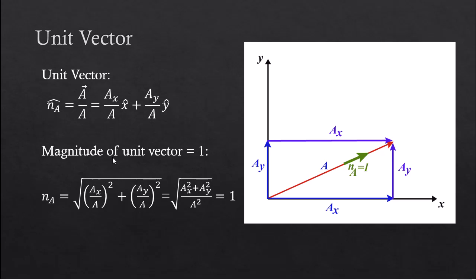The magnitude of the unit vector is the square root of the square of its x component plus the square of its y component, and if you simplify that, you will get the magnitude of the unit vector equals 1.